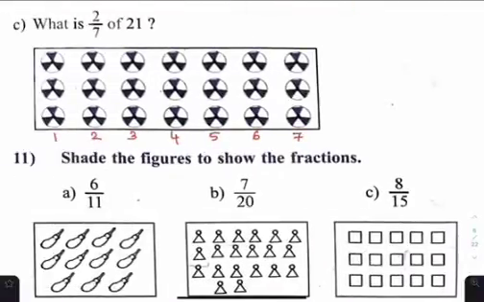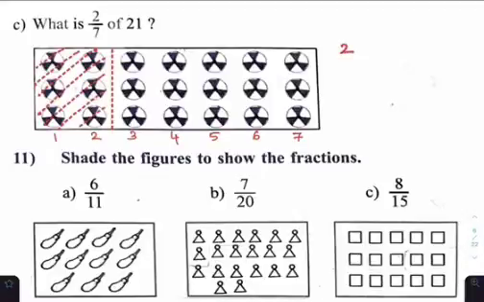Now out of 7 groups, I am supposed to mark off 2 segments here. So 2 segments come up to this. Okay, this is the shaded part. Okay, now for the calculation. Now it says 2 by 7 of 21. 2 by 7 of 21 can be written as 7 1 times, 7 3 times.